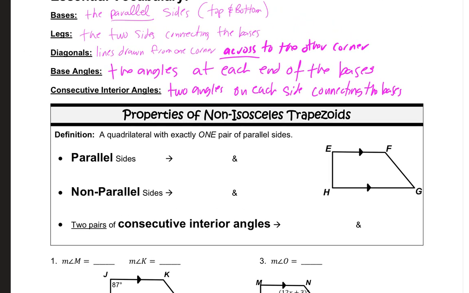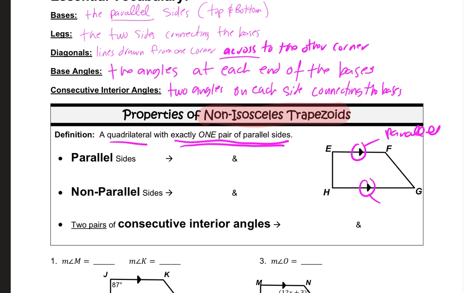So a definition of a non-isosceles trapezoid. This is going to be a quadrilateral with exactly one pair of parallel sides. If we look over here, this tells us parallel.